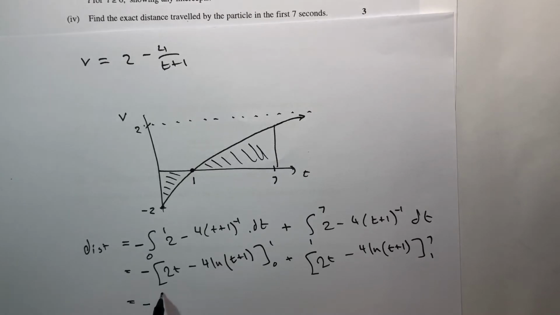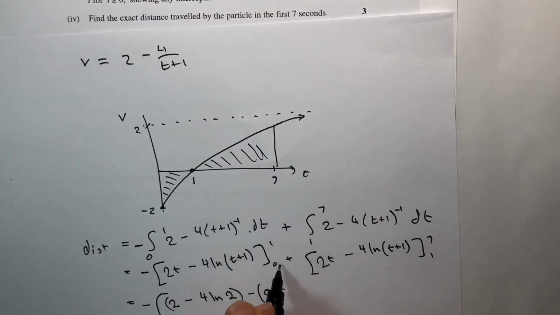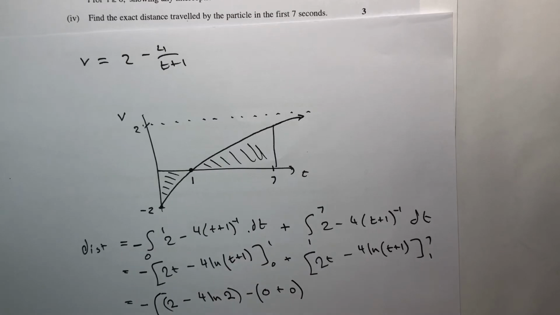equals negative, do a nice big square brackets. Now 2 1s are 2, minus 4 ln 1 and 1 is 2, minus 0 plus, if I put a 0 in here, the logarithm of 1, which is left over, is 0, so that'll still be all 0 there.